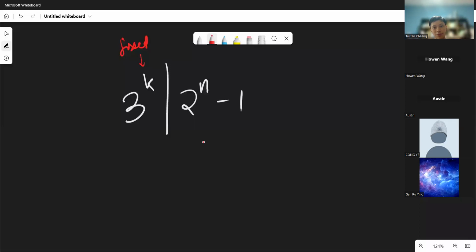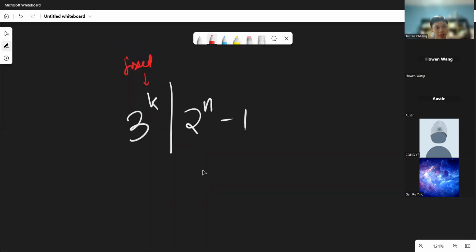Because we never know which direction is the correct one. So let's just try to find as many things as we can for the problem. So anyone has anything to say? Yeah, k is greater than 0.